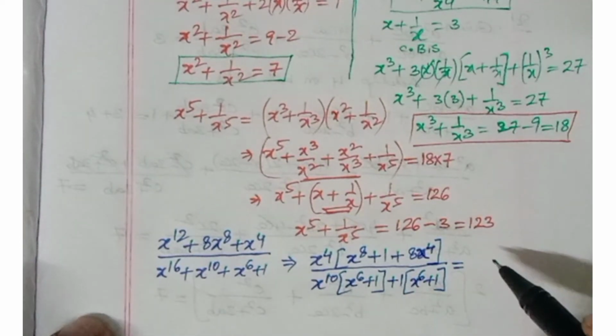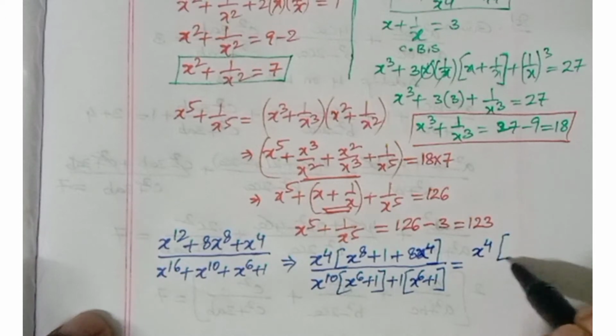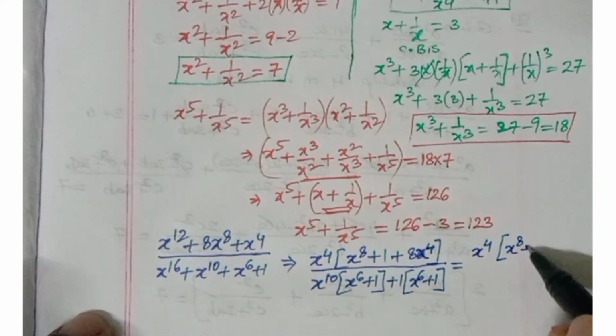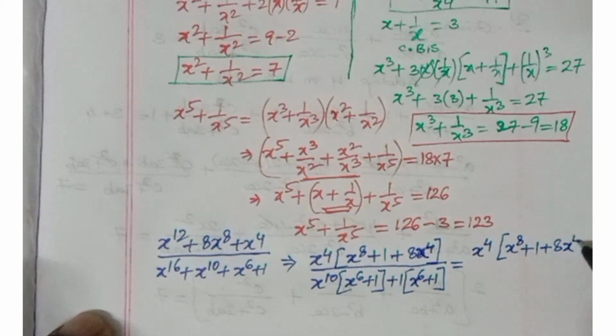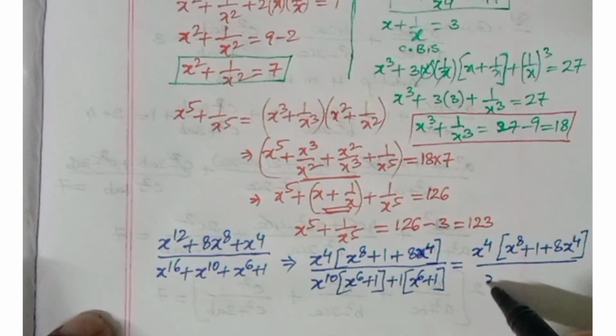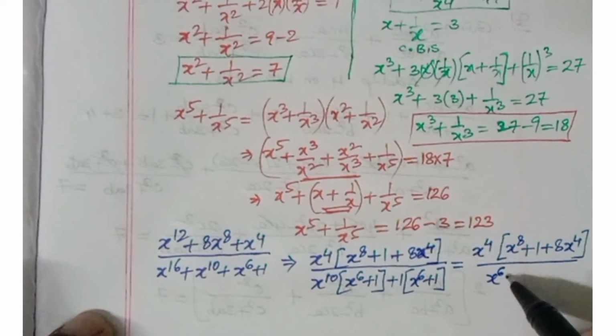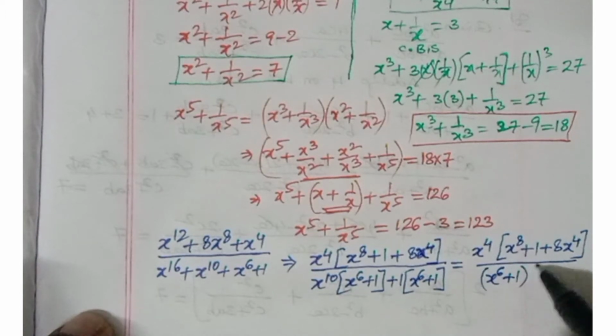So here in the numerator you will get x to the power of 4 into x power 8 plus 1 plus 8 into x to the power of 4, by x to the power of 6 plus 1 into x to the power of 10 plus 1.